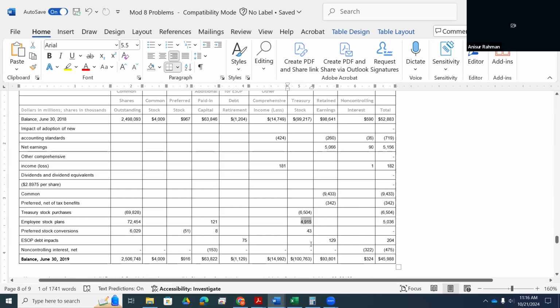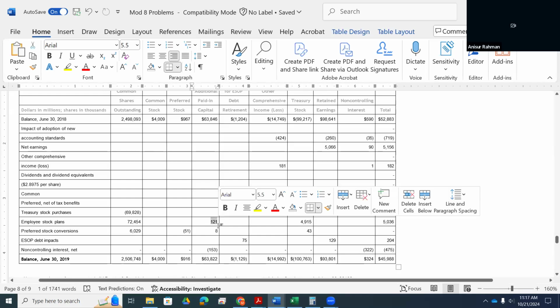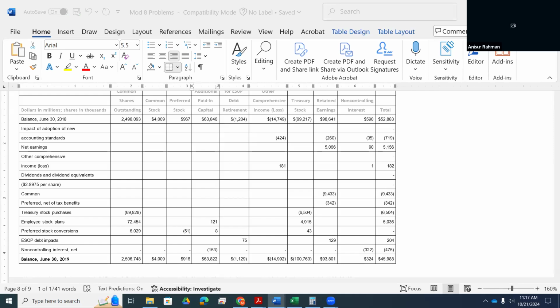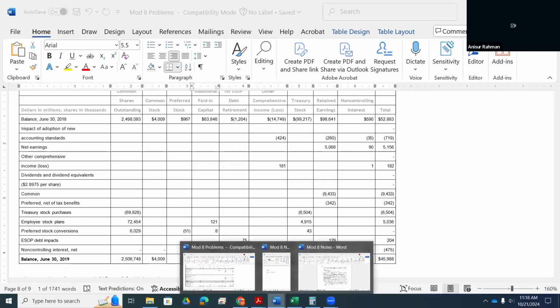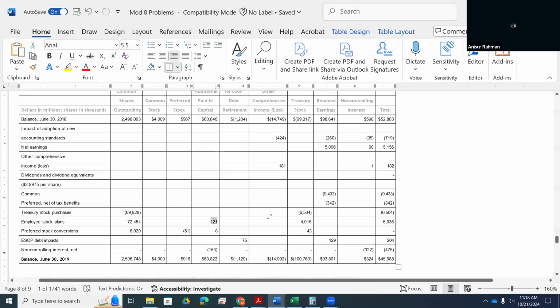The difference between the original cost of the repurchased shares and the issue price is recorded under additional paid in capital. So I was saying again that these are the cost.